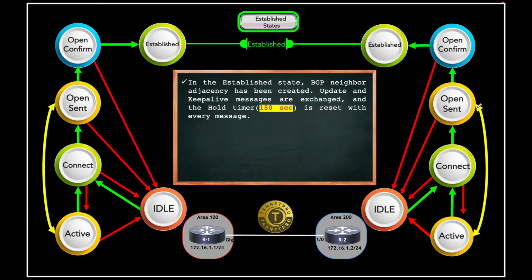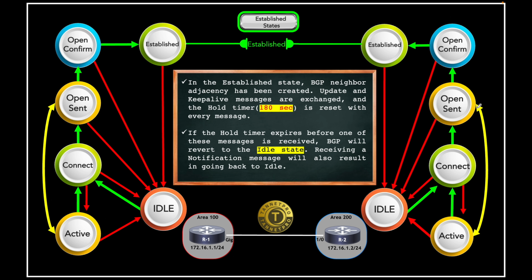What is the update message? It's the route NLRI information. Now, if the hold timer expires, we already explained the hold timer, 180 seconds. If within the hold timer no message or keepalive message is exchanged, then it will fall down to the idle state again. Hope you understand, everything is clear.